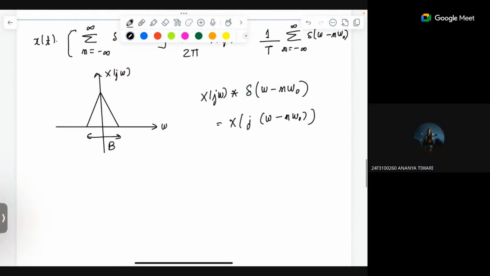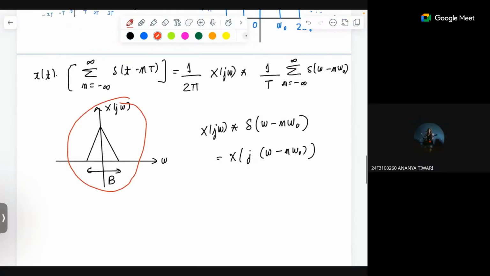So what we will have now, this was x of j omega. There is this summation, so they are going to repeat. So basically, I will have repetition of this thing inside this red color. The spectrum will get repeated. And how will that be? I will show you.